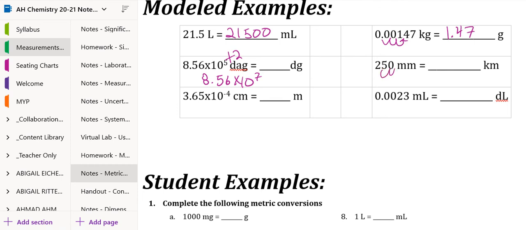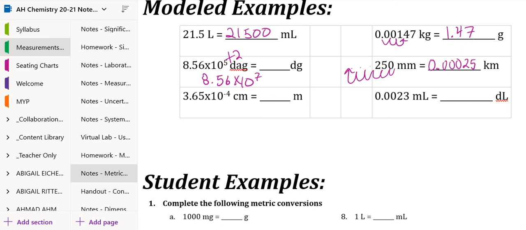Is the ending zero significant? No. So I'm going to write it like this. When you do a metric conversion, you need to maintain the same number of significant figures. So if you started out with 2 significant figures, your converted answer should have 2 significant figures.